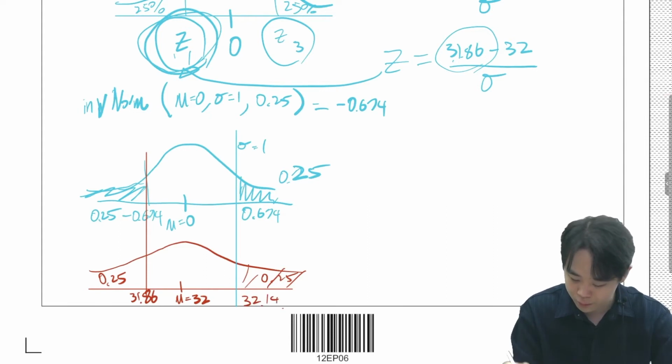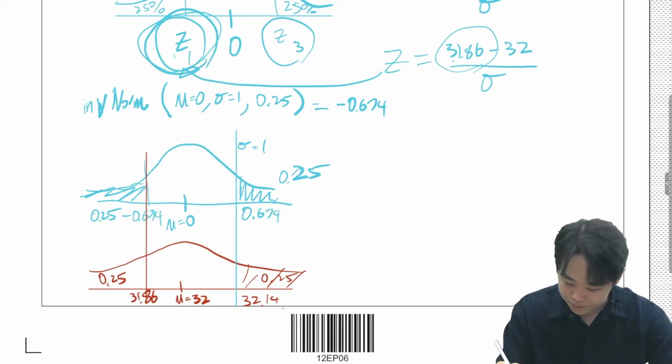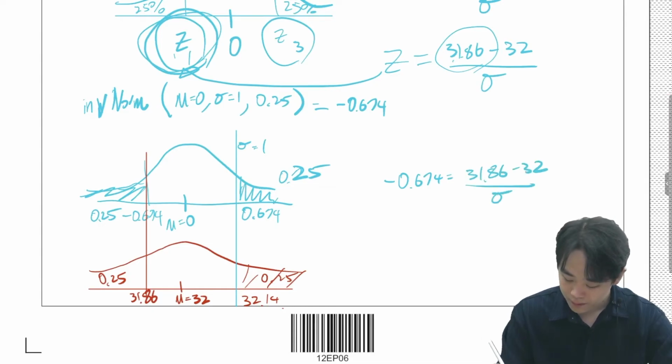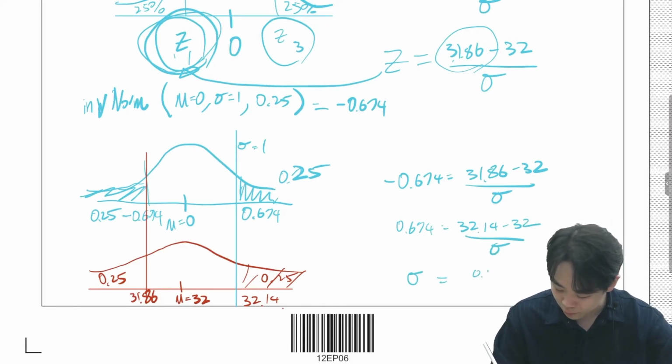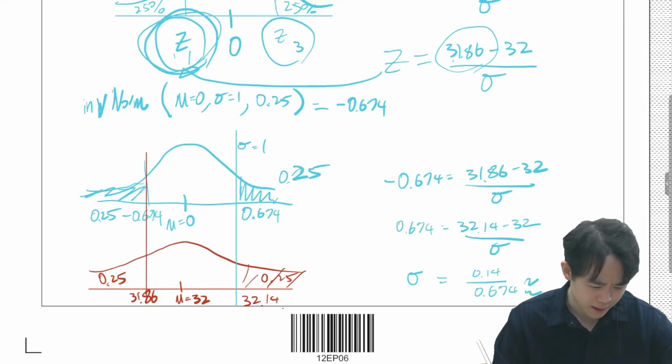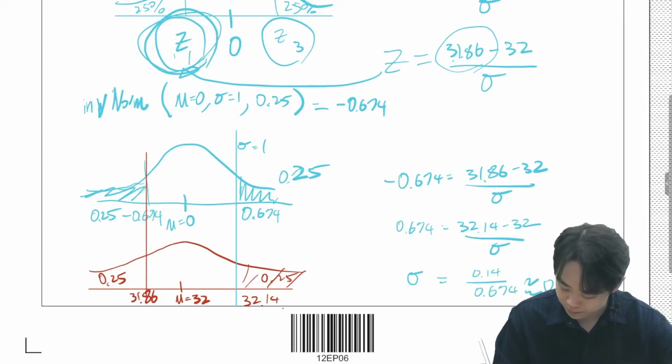Either way, we're going to set up an equation where negative 0.674 is 31.86 minus 32 over sigma. Or if you went with the positive end, 0.674 is 32.14 minus 32 over sigma. Either way, sigma is going to be 0.14 over 0.674, which is roughly 0.208 millimeters.